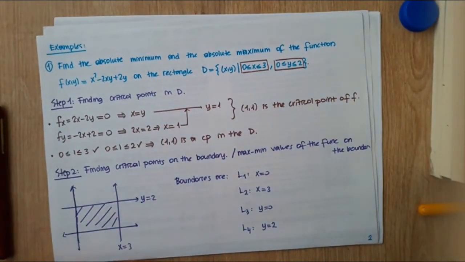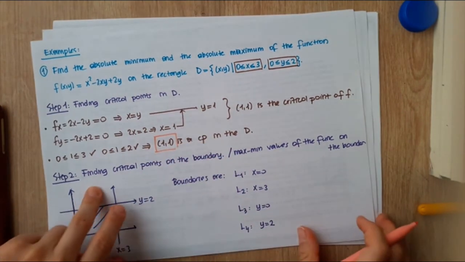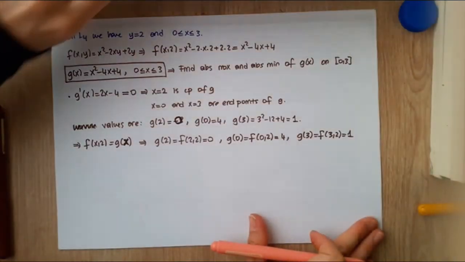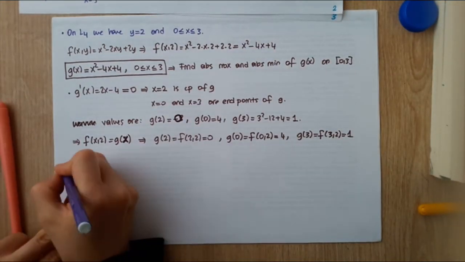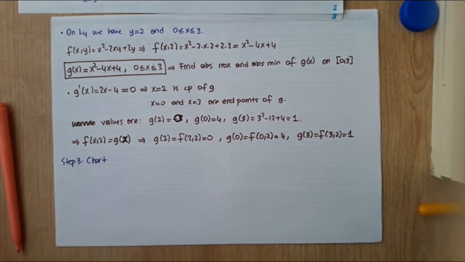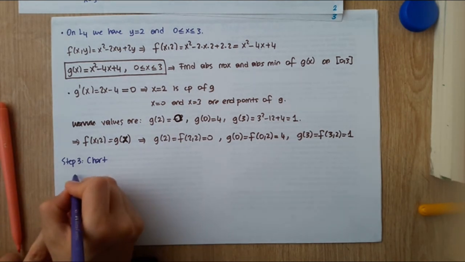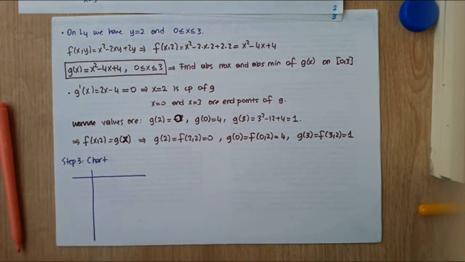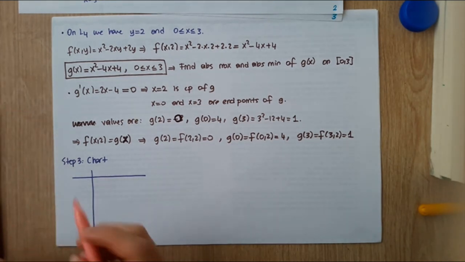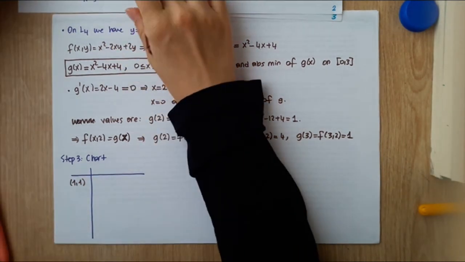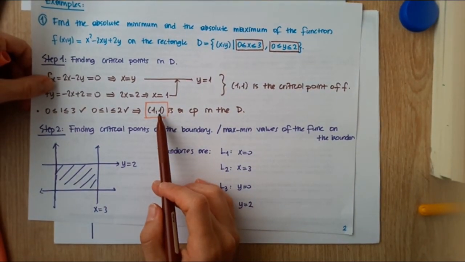First of all, I have 1, 1 as a critical point. Let's substitute it here directly. Step 3, chart or table. So I have 1, 1, which is the critical value in the given region.